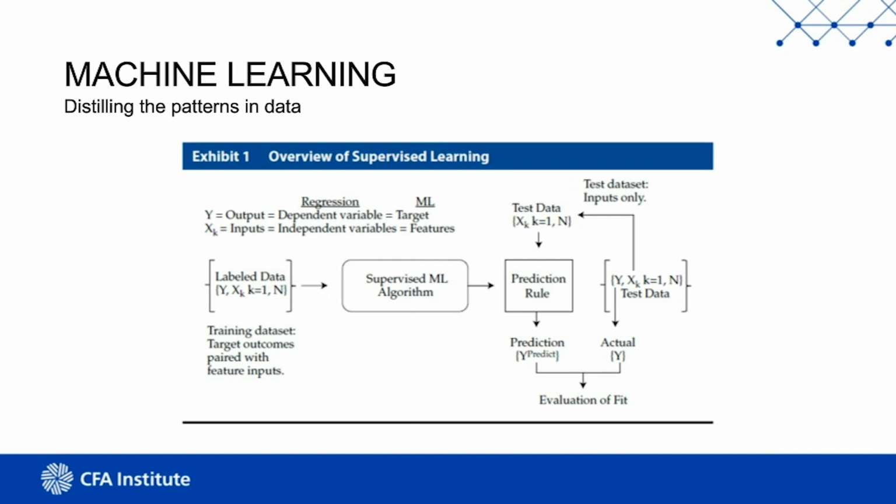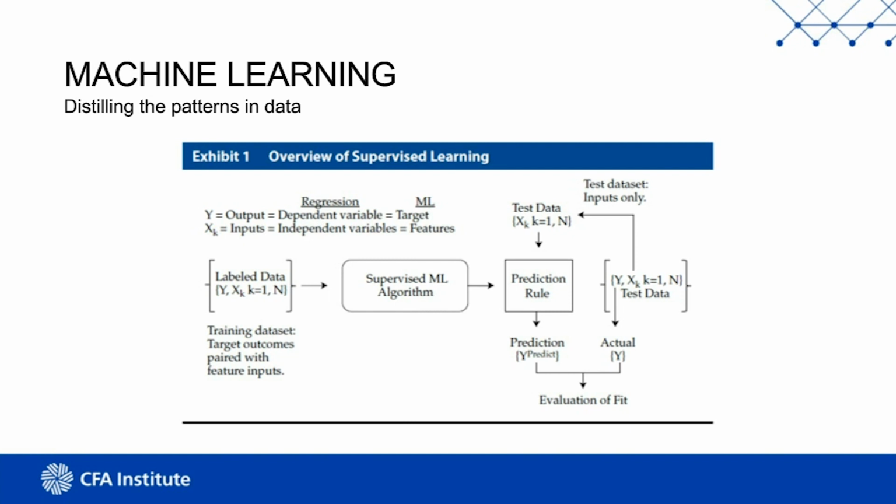You then feed that data to the machine learning algorithm. In this particular case, we're talking about supervised. You feed it to the machine learning algorithm, and the end result of that is a prediction, a rule about predicting what y would be given all the different values of x. Another very important part of using machine learning is to test the performance of that model.